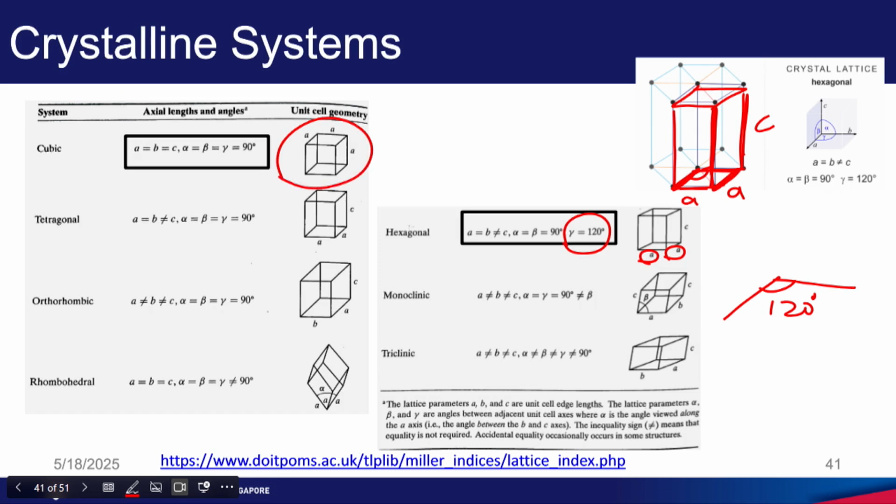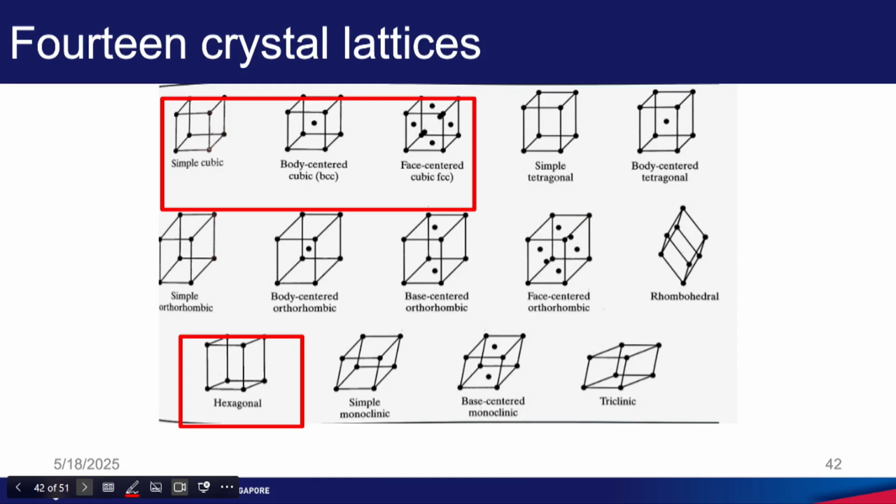Let me move to the next slide. These are basically the 7 crystal lattices, and you can expand it further depending on more complex arrangements. In simple cubic, you have atoms only in the corners.